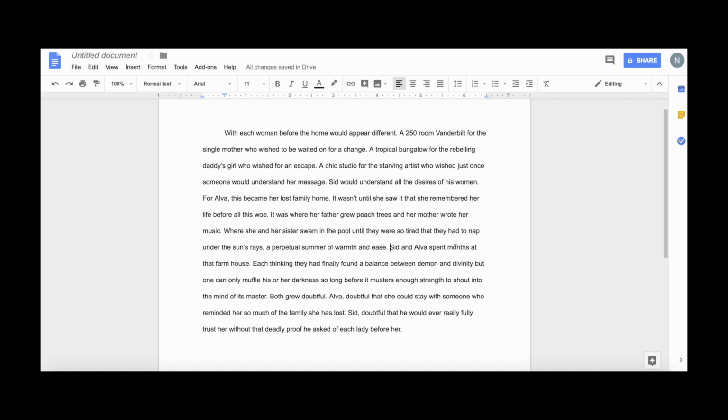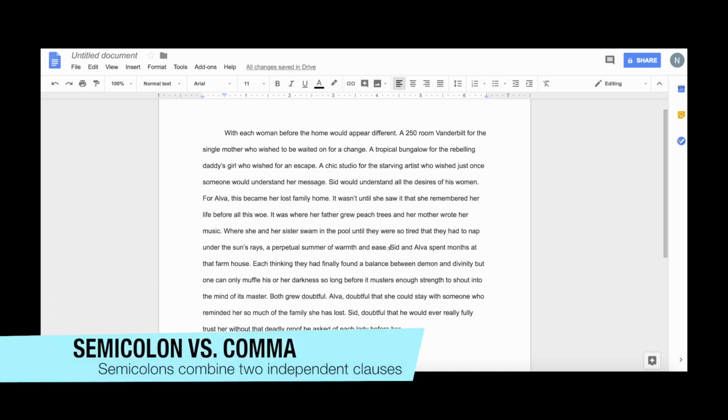Sid and Alva spent months at that farmhouse, each thinking they had finally found a balance between demon and divinity, but one can only muffle his or her darkness so long before it musters enough strength to shout into the mind of its master. So here you'll notice that this again is two ideas in one sentence.